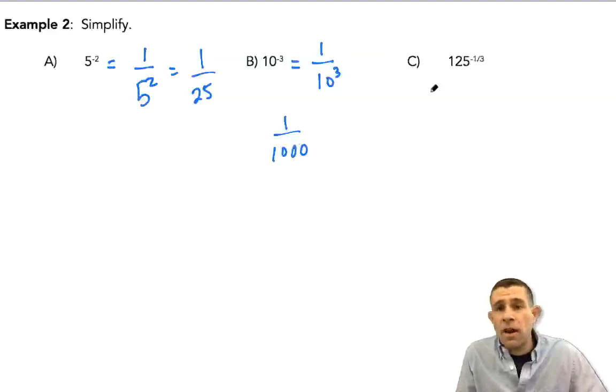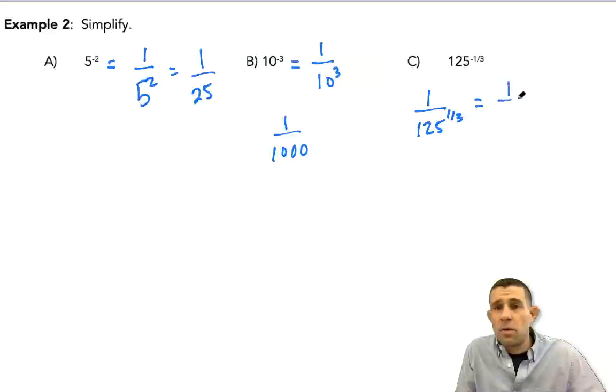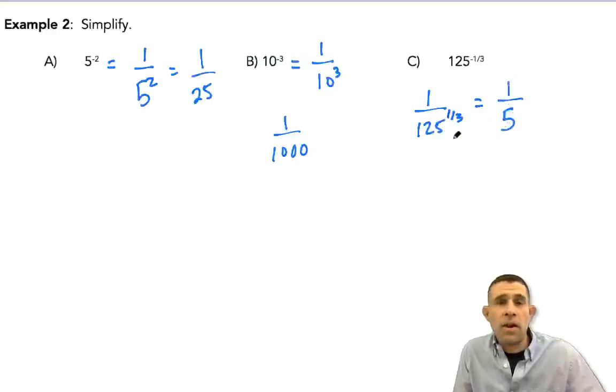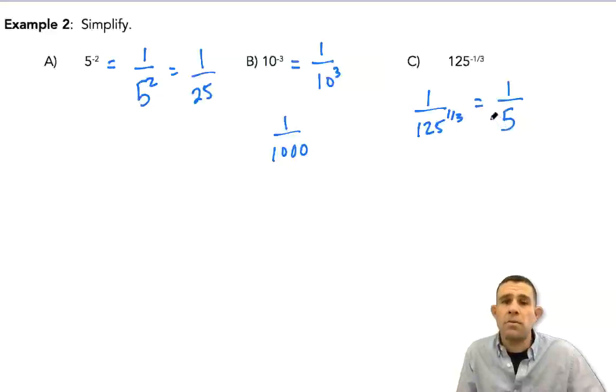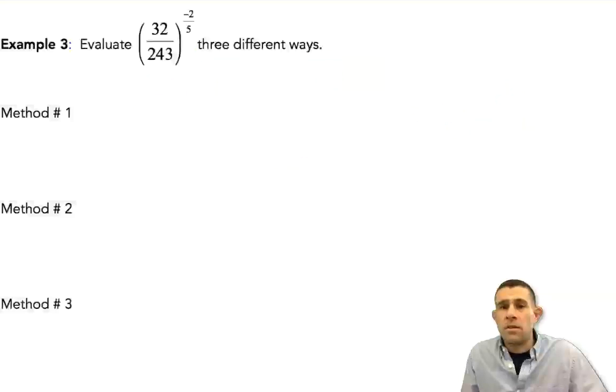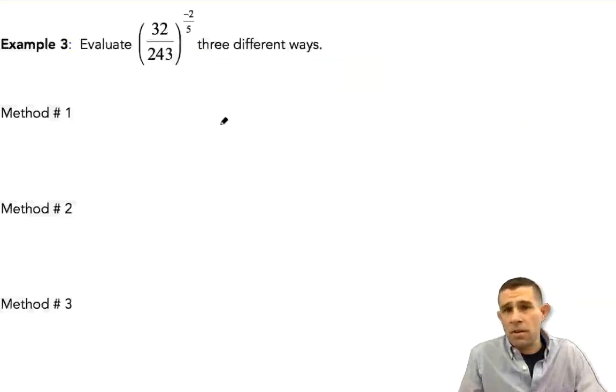Now 125 to the negative 1/3 is 1 over 125 to the 1/3, which is the cube root. So this is 1 over, the cube root of 125 is 5. So this is 1/5.